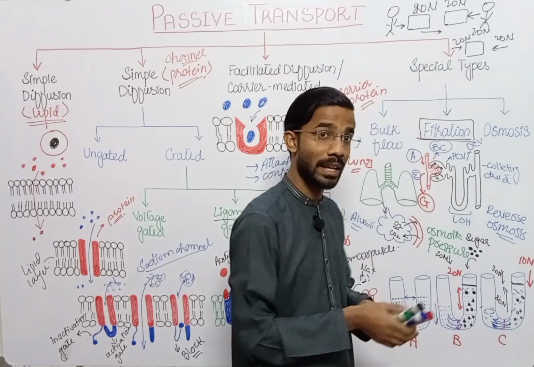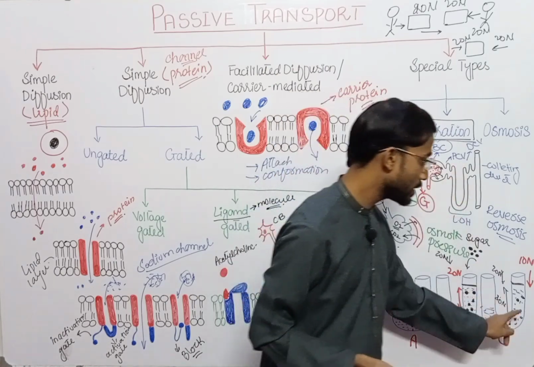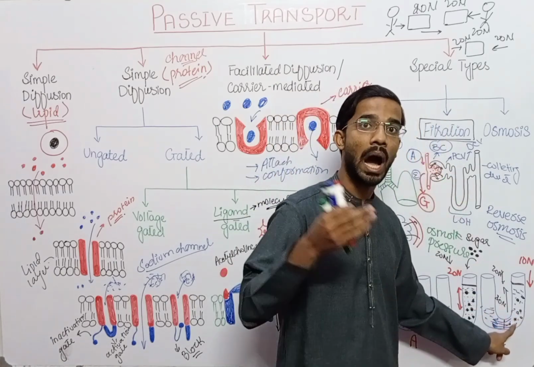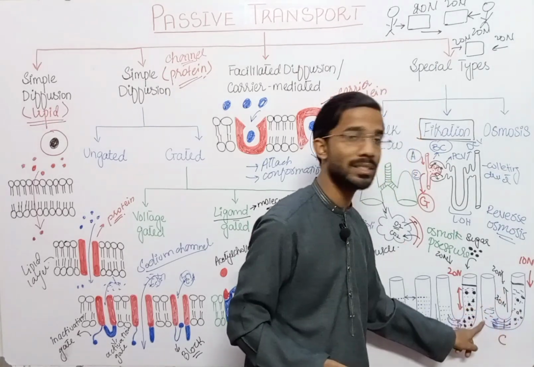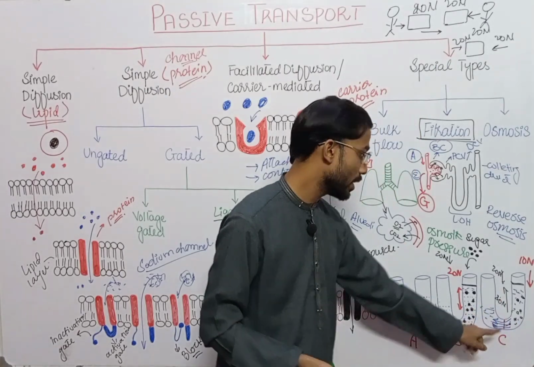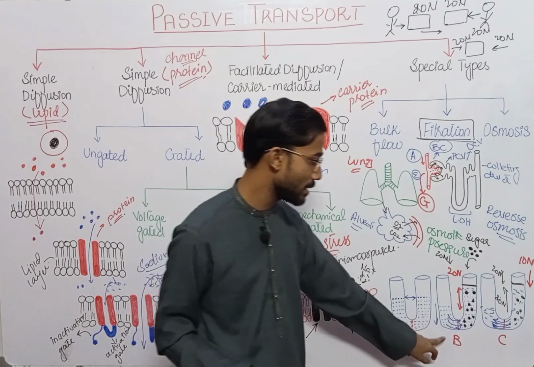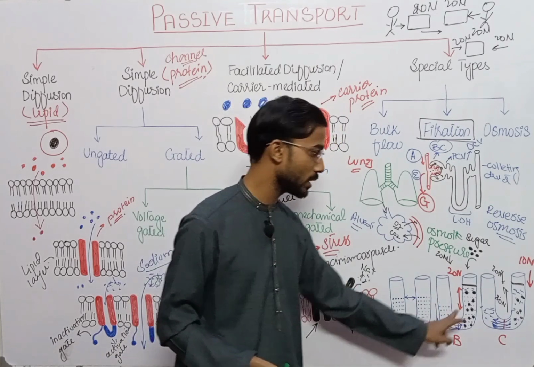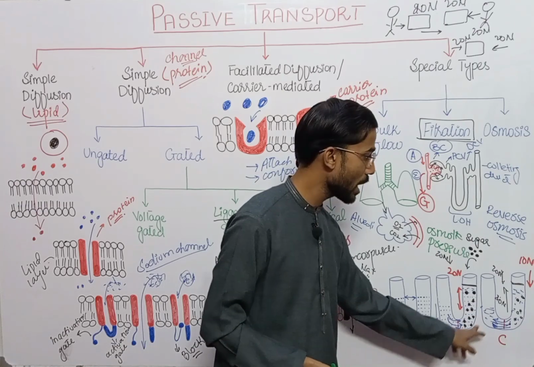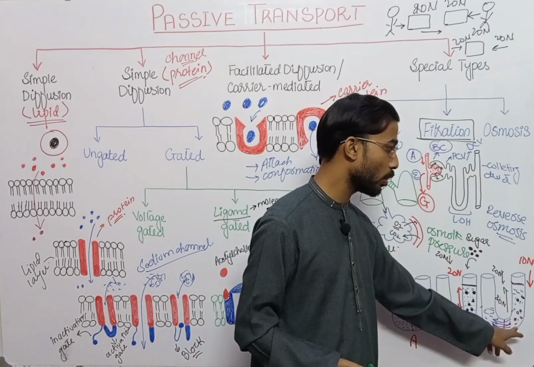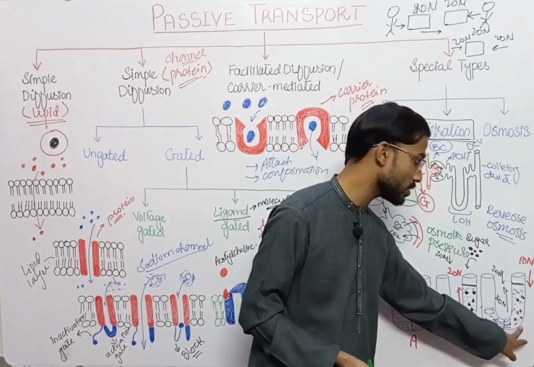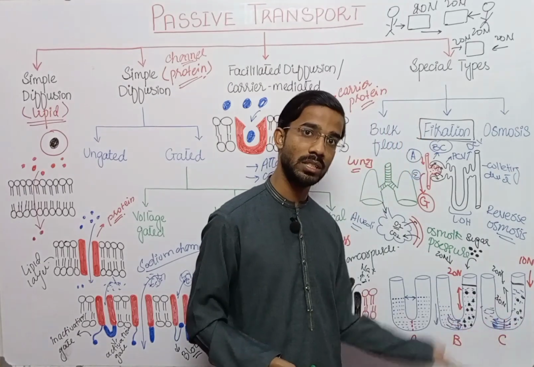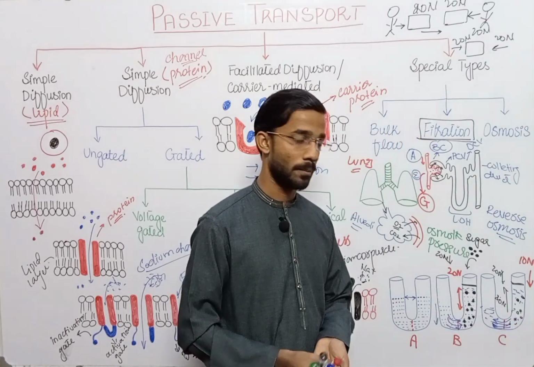This is against osmosis. This is the movement of molecules from higher concentration to lower concentration. It is the reverse of case B, in which water moves from low solute concentration to higher solute concentration. This is called reverse osmosis.